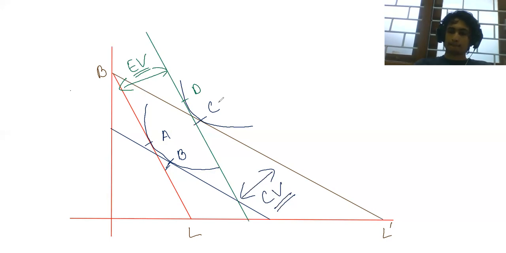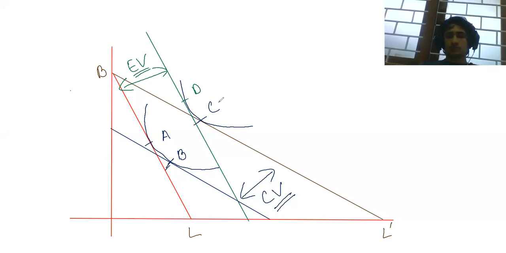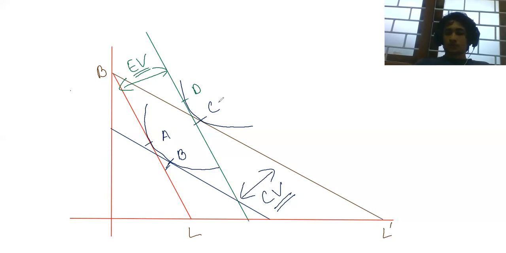Equivalent variation is the additional money that has to be given to the consumer so that at the old prices itself, without any price change, he is able to attain the new utility, right? So compensating variation is basically old utility at the new prices.